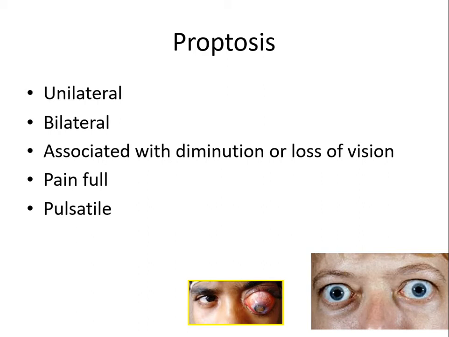Then there are certain causes of proptosis which will be pulsatile in nature. As I told you while discussing proptosis, one of the causes of proptosis is carotico-cavernous fistula. As you all know, the internal carotid artery passes through the substance of the cavernous sinus.